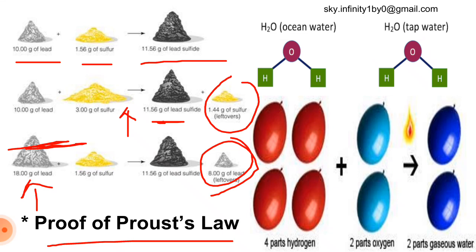Now you might be wondering, why are we learning all these laws? We are learning these mainly because chemical combinations take place based on these laws. There are many reactions which take place, and the elements obey these laws, and because of these laws we are able to predict certain results.